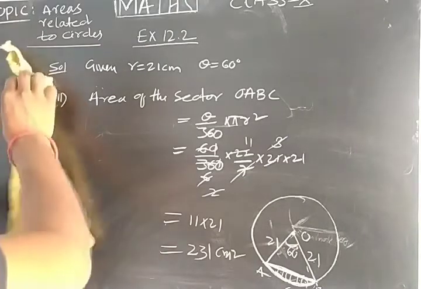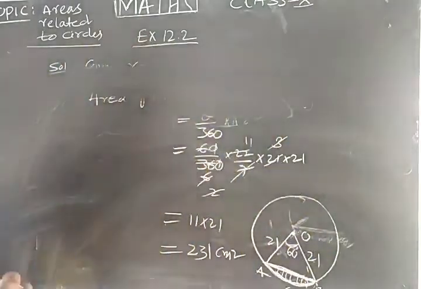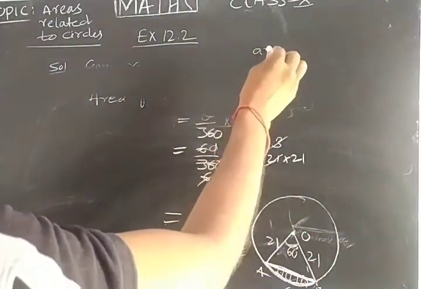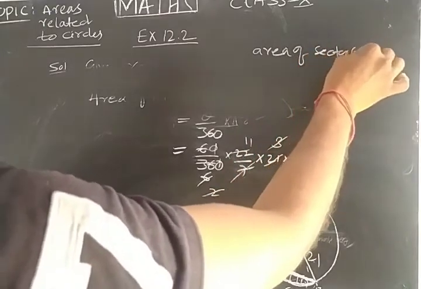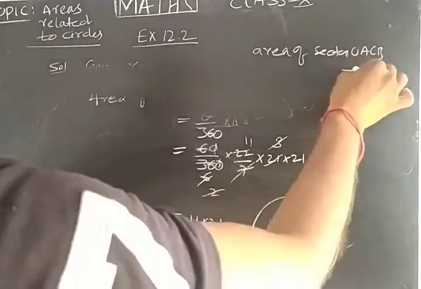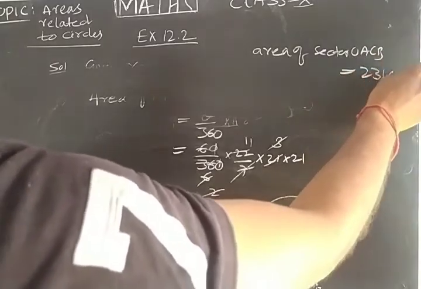Now third problem. The area of sector OACB is equal to 231 centimeter square.